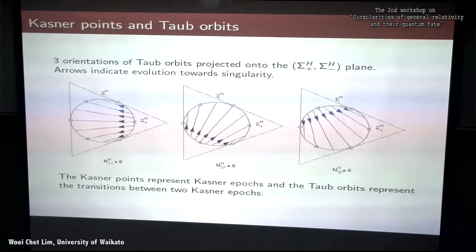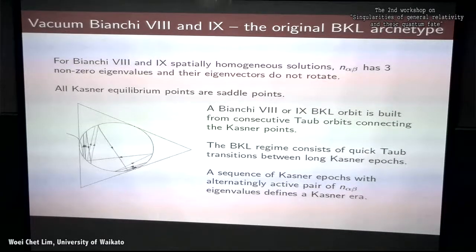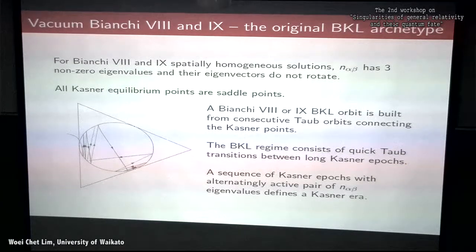So for example, if you start here, the Bianchi 2 transition will take you there, and then the next Bianchi 2 transition will take you there, and so on. So you bounce around the Kasner fixed points or Kasner circle indefinitely, and this is the BKL or mixed master transitions dynamics.